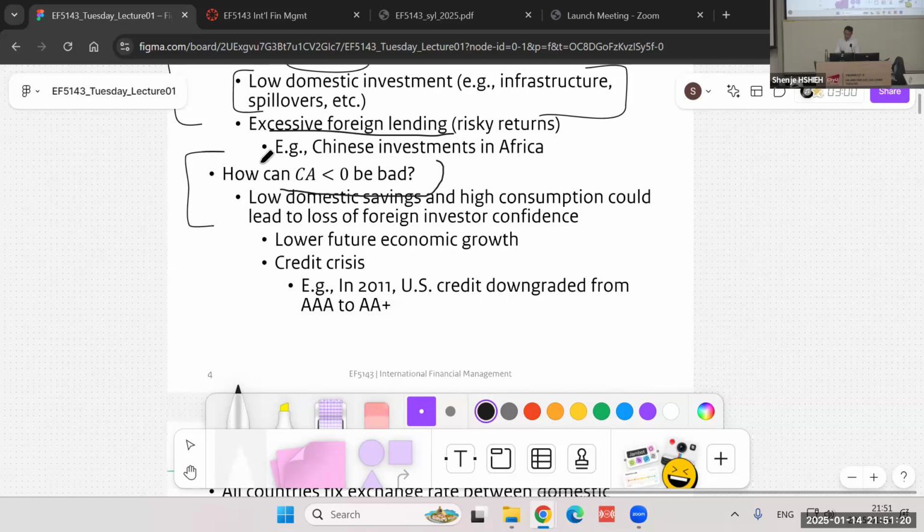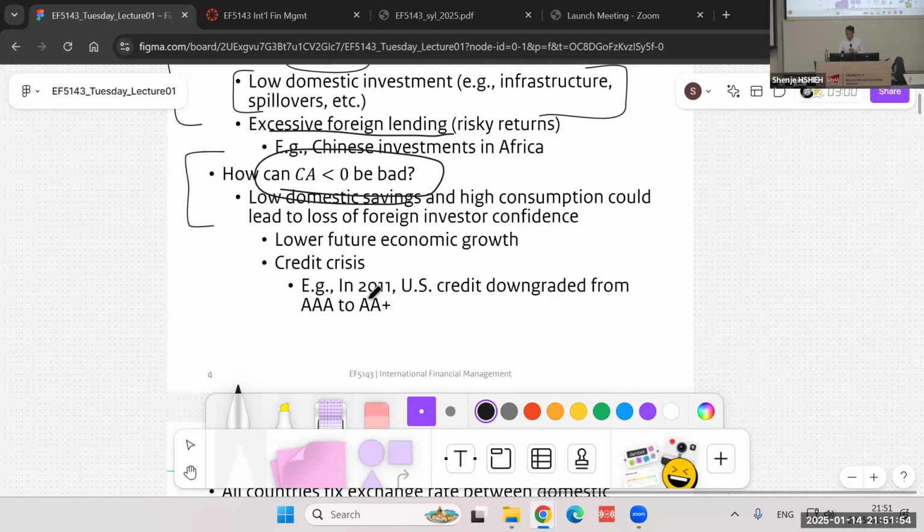All right, and an excessive negative current account, I think that's obvious, right? If you have a very, very negative current account, it means that you're borrowing a lot today with the expectation that you can pay back sometime in the future. That's also very risky because not everyone believes that your country will grow enough so that you can allow your lenders to buy stuff from you in the future, right? Their investments in you may not pay off, especially if you have excess debt.